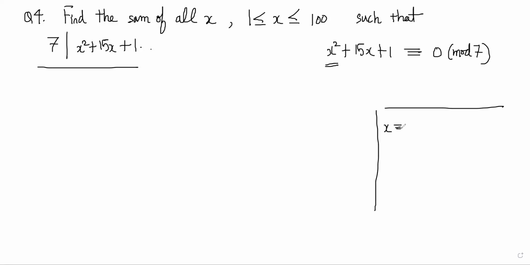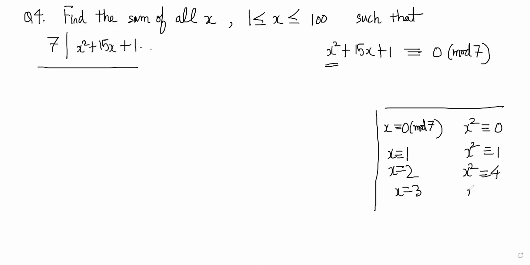If x is 0 mod 7, x square is obviously 0. If x is 1 mod 7, x square is also 1. x is 2, x square is 4. x is 3, x square is 9, so that will become 2 mod 7. And x is equal to 4 will match, so x square will be 16, so that is 2.